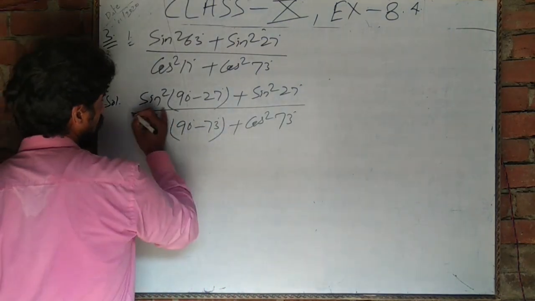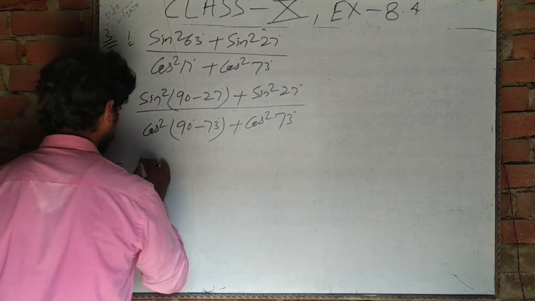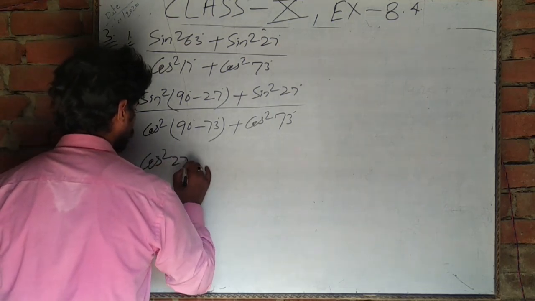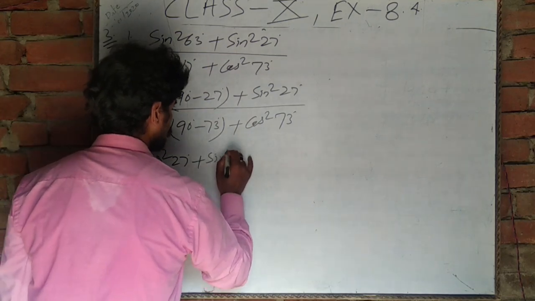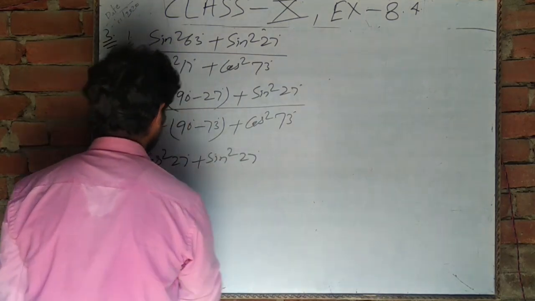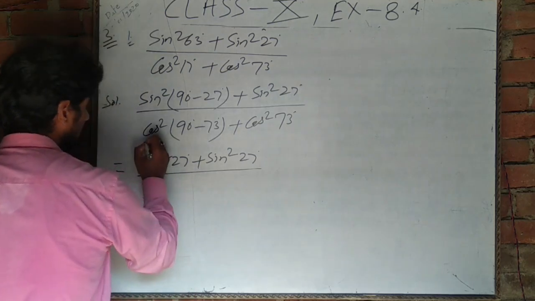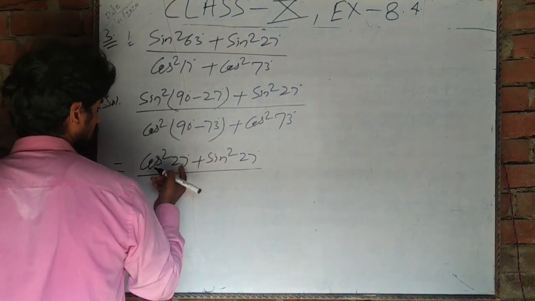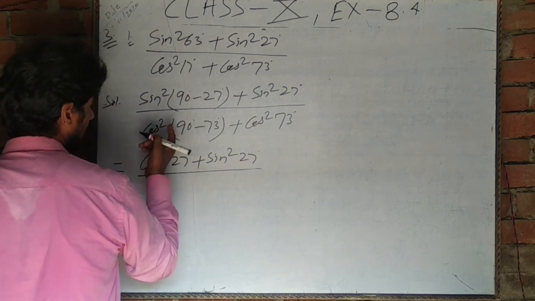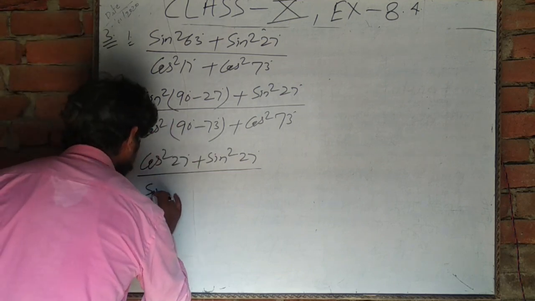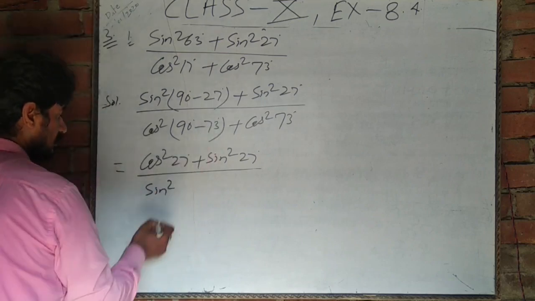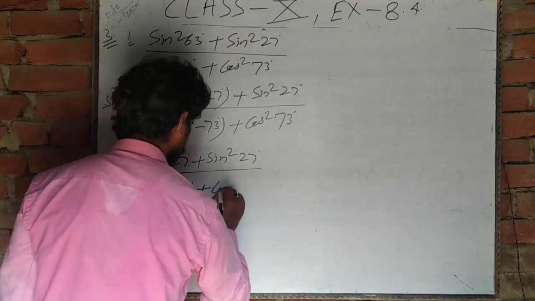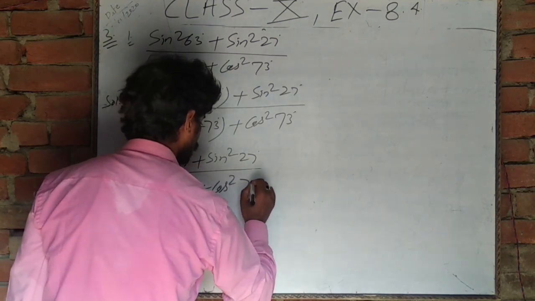We know that sin 90 minus theta is equal to cos theta. So cos square 27 degree plus sin square 27 degree by sin square 90 minus theta is equal to cos square theta. That means cos square 90 minus theta is equal to sin square theta. At the place of theta we will write 73, plus cos square 73 degree.